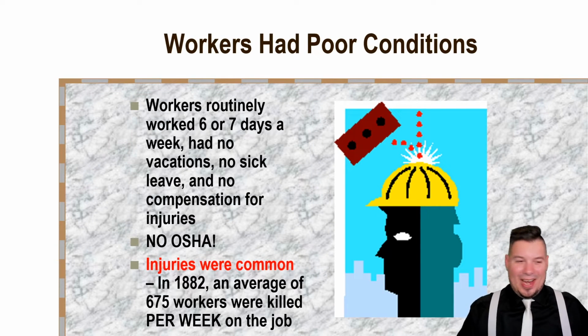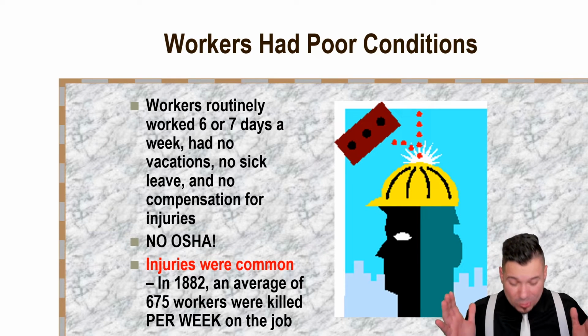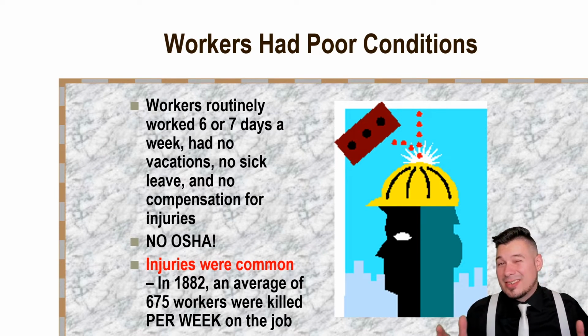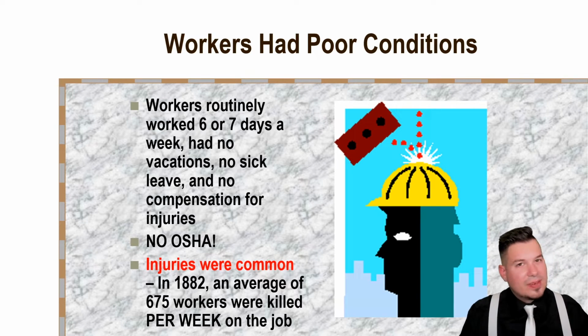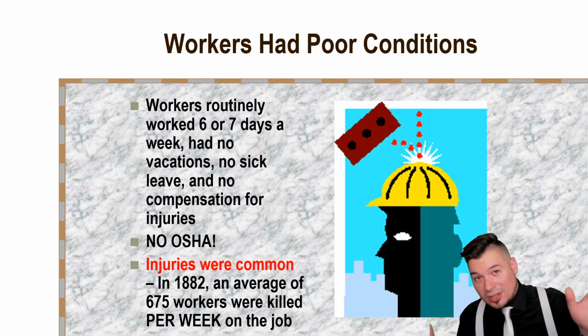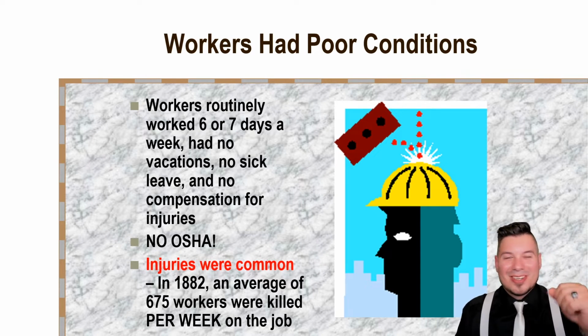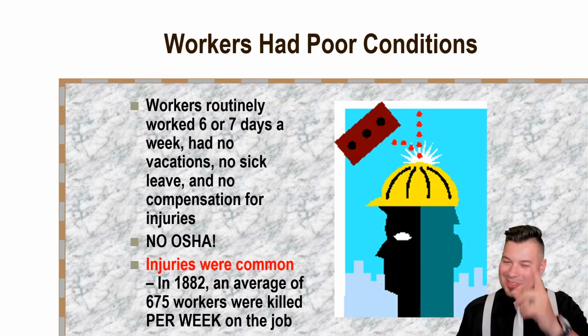Okay. Now here we are talking about all these industries, but how about the workers? Well, the workers actually suffered a lot. Routinely they would work 6 or 7 days a week. They had no vacations, no sick time, no workman's comp. There was no OSHA, which I know you take the OSHA safety course and you're probably like, no OSHA. OSHA's good. OSHA's very good.